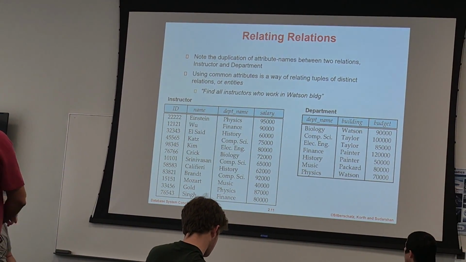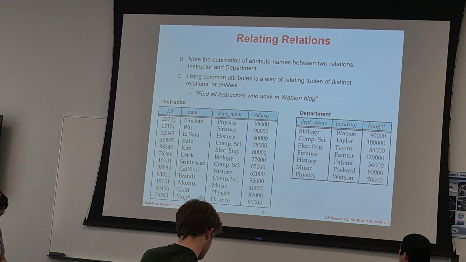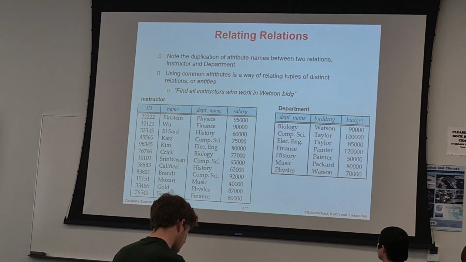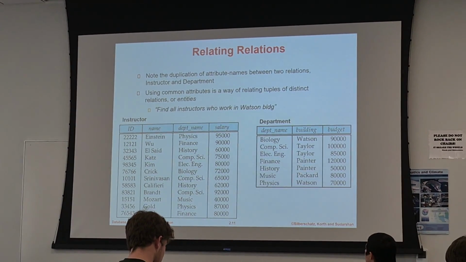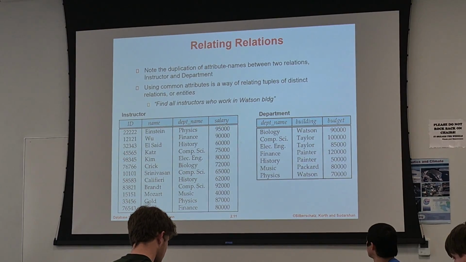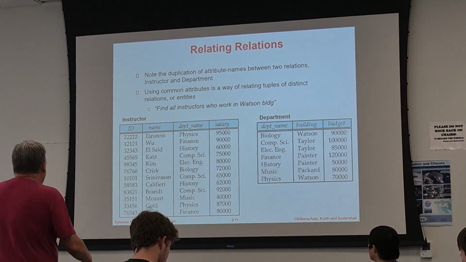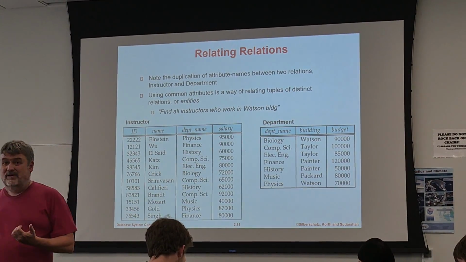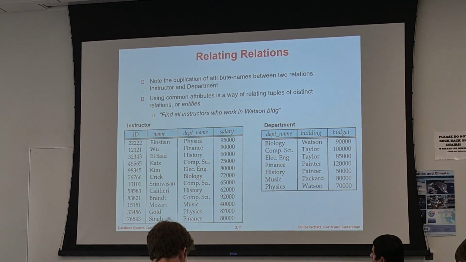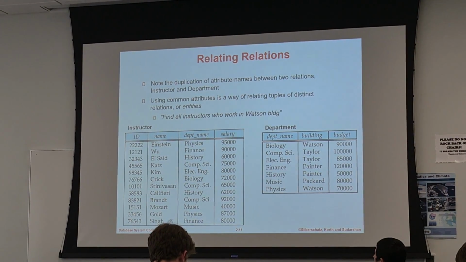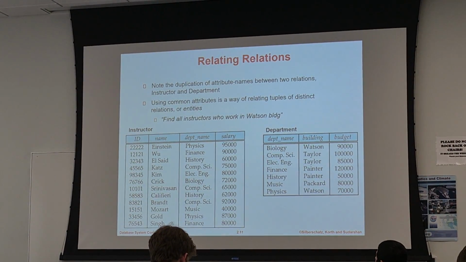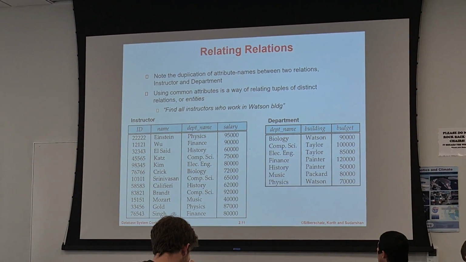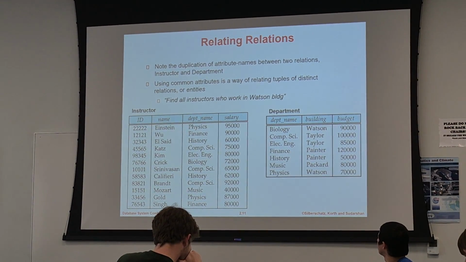If somebody comes along with the query, I want to know all of the information about instructors who work in the Watson building, I can't get that just by looking at the instructor table, even though that seems to be the subject of the query, because the information about where those faculty work is in the department table. But we can get that information by combining these 2 tables together, right?